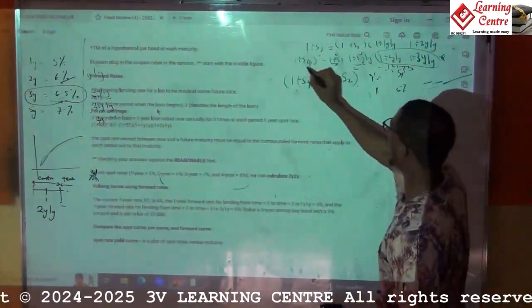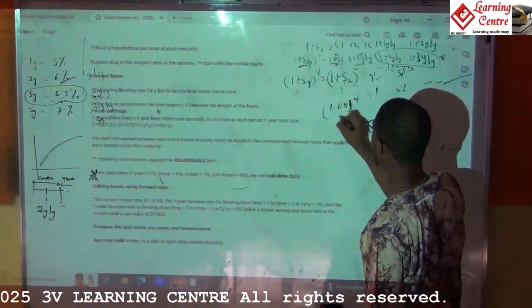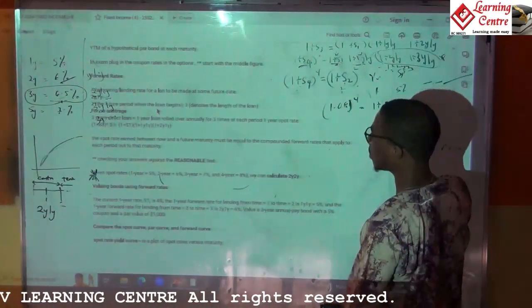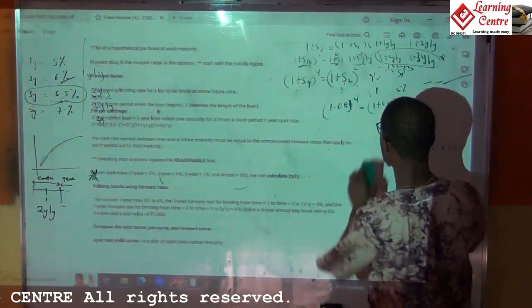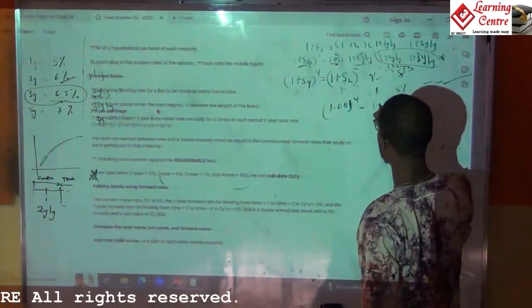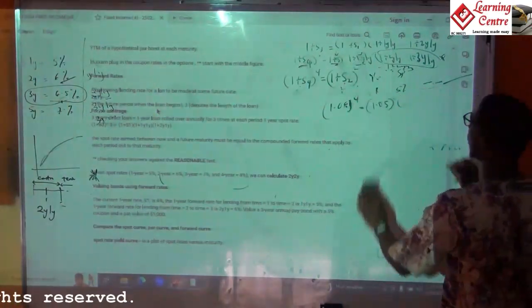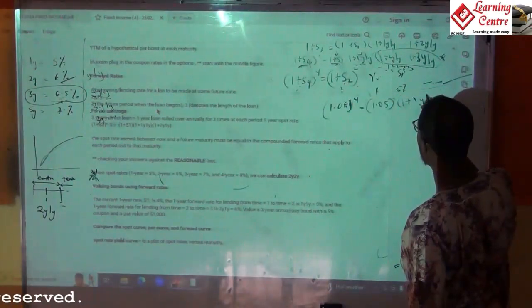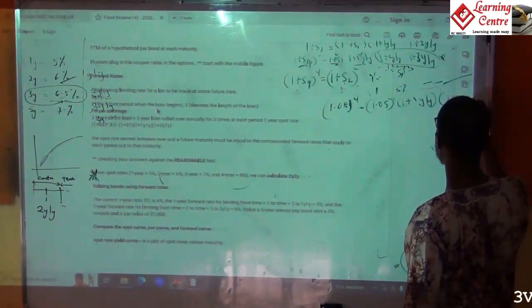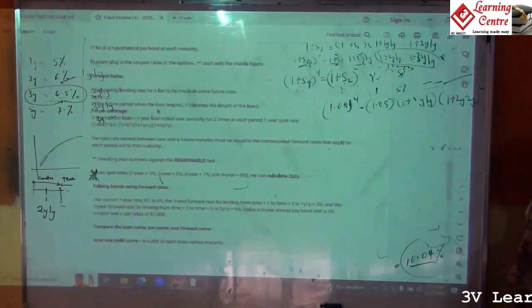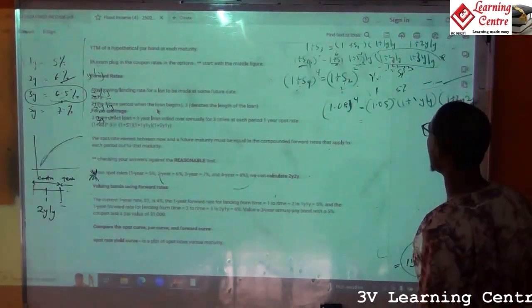I'll do 1 plus S4, 1 plus 0.08 raised to power 4, 1.05. Multiply that by 1 plus 1y, then 1 plus 2y squared. Right? So, what do I have?